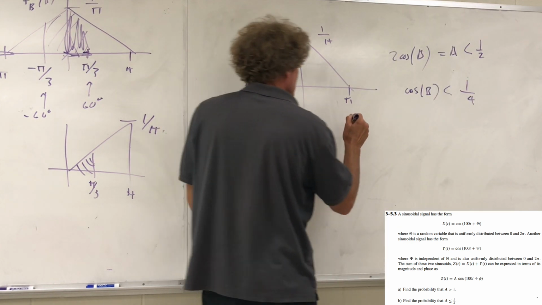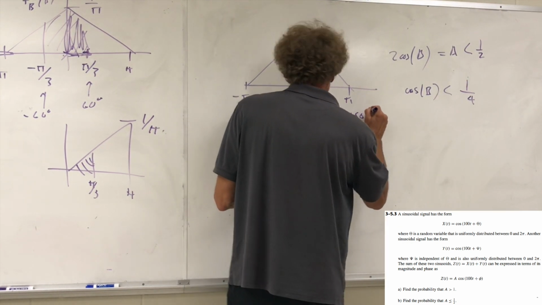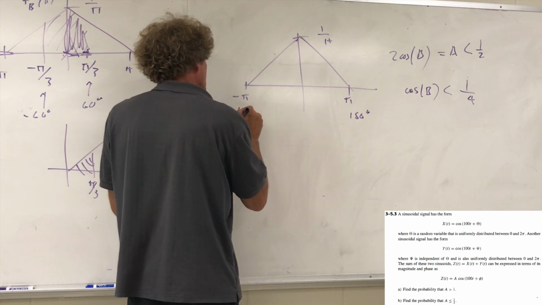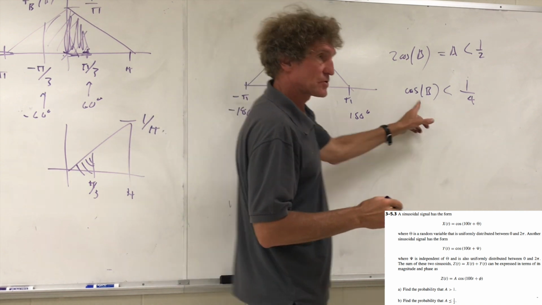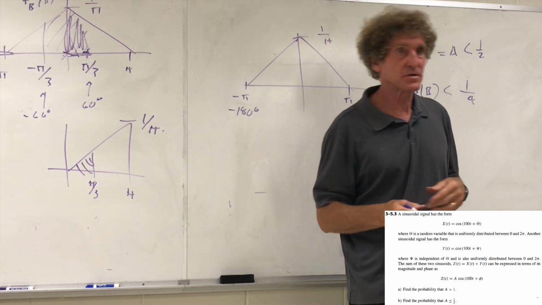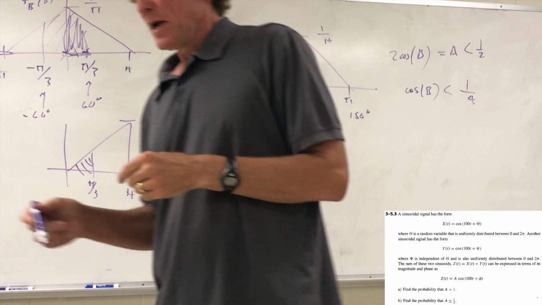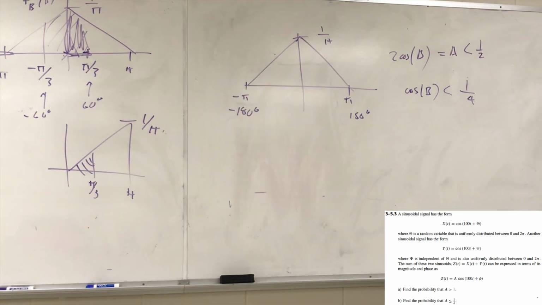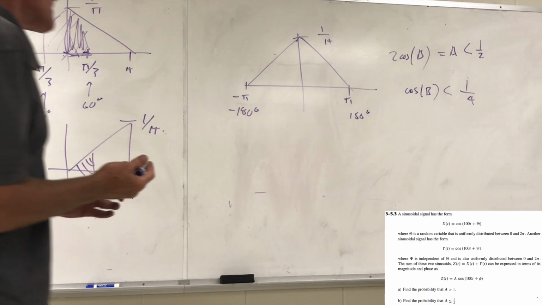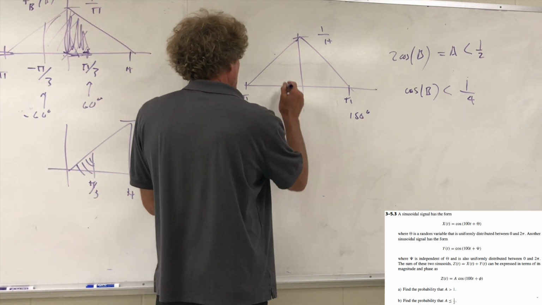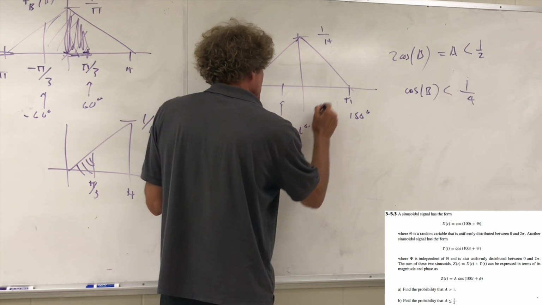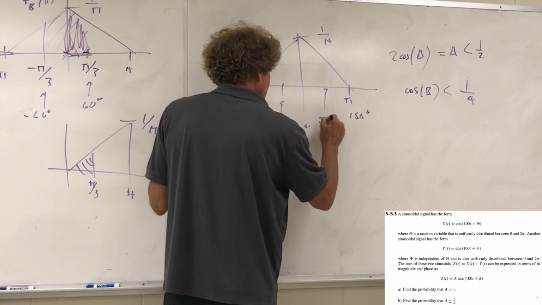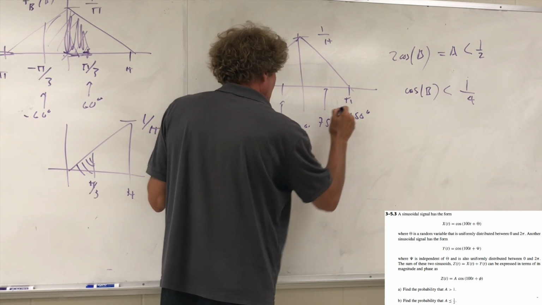This is pi, this is going to be 180 degrees, and this is minus 180 degrees, right? So if you take the inverse cosine or arc cosine of 0.25, I think it's 75.52 degrees. So we go from minus 75.52 degrees to 75.52 degrees, right?